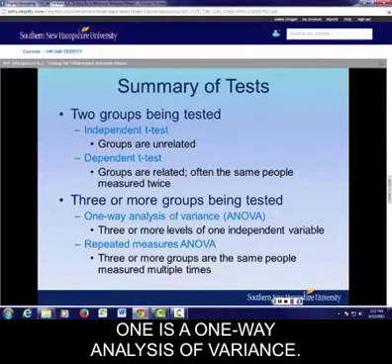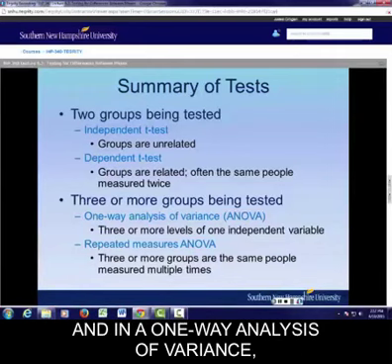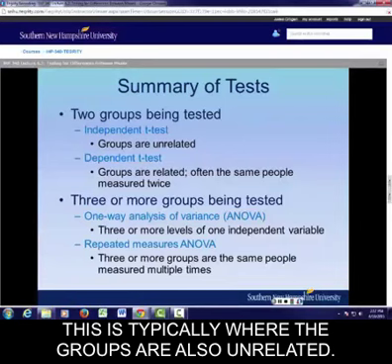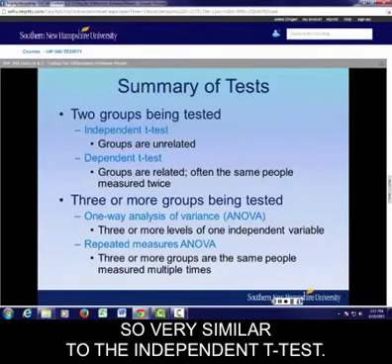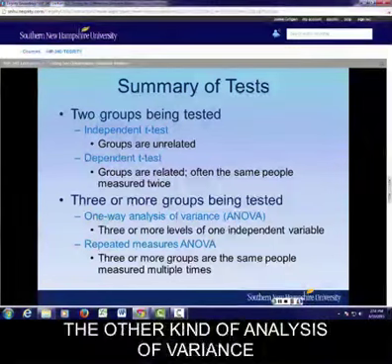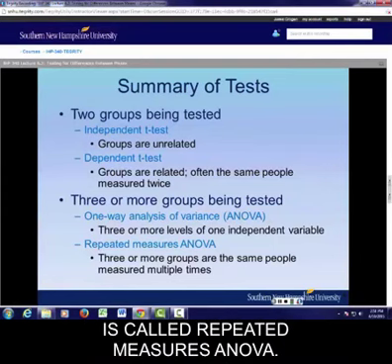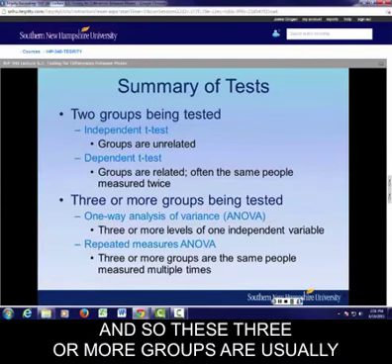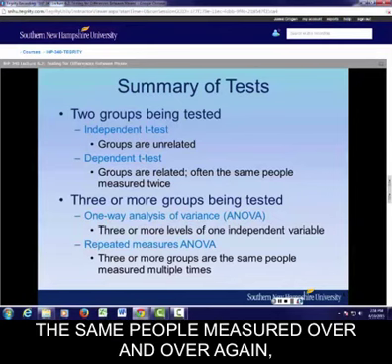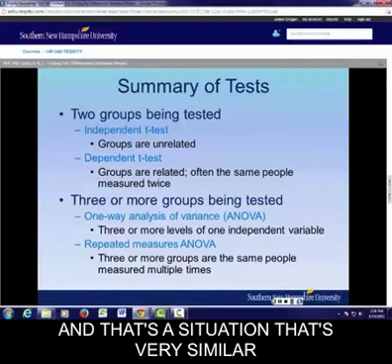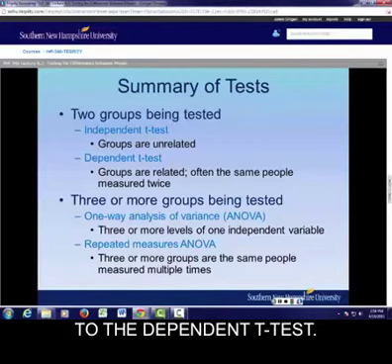One is a one-way analysis of variance, and in a one-way analysis of variance, this is typically where the groups are also unrelated, so very similar to an independent t-test. The other kind of analysis of variance is called repeated measures ANOVA. And so these 3 or more groups are usually the same people measured over and over again. And that's a situation that's very similar to the dependent t-test.